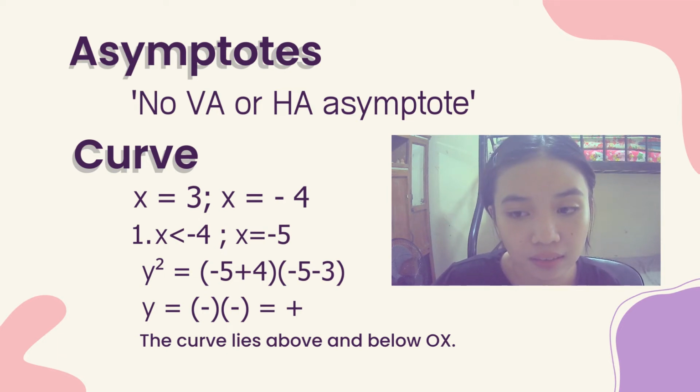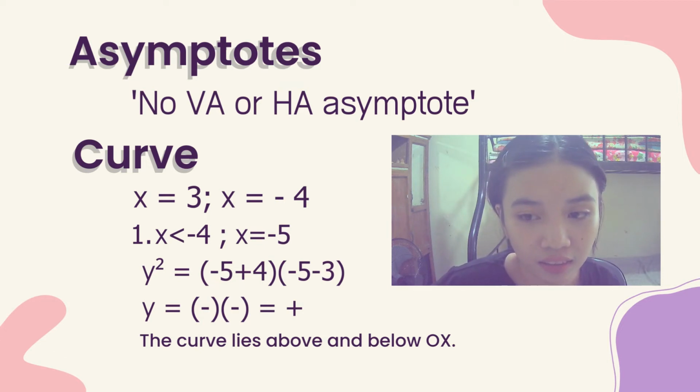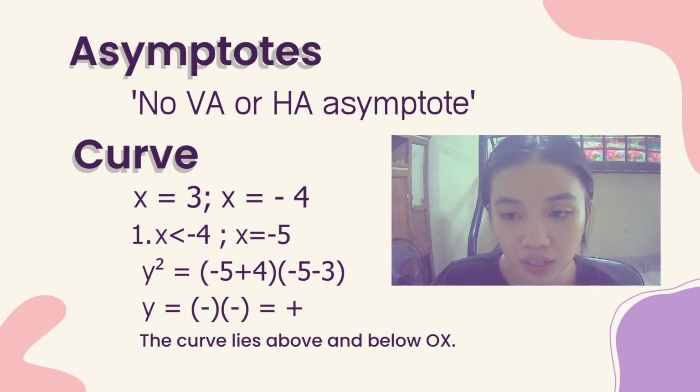For the next test, we have x is greater than 3. We can say that 4 is greater than 3. So, isa-substitute ulit natin siya sa ating factored form, and makakakuha tayo ng y squared is equal to 4 plus 4 times 4 minus 3. 4 plus 4 will give us a positive sum, and 4 minus 3 will also give us a positive sum.